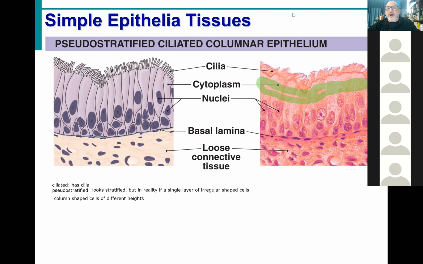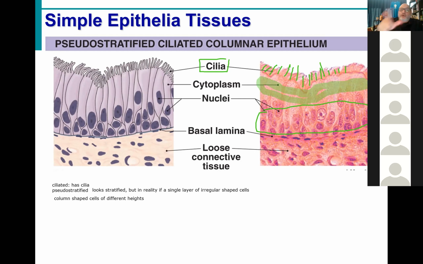However, the most obvious thing that you should see are these big, huge, massive, long, thread-like organelles on the top. So if you see what appears to be multiple layers of cells and all these spiky hairs on top, well, guess what? This is the only thing that has cilia. So if you see cilia, guess what type of tissue you're looking at? Yeah, ciliated, pseudostratified columnar.